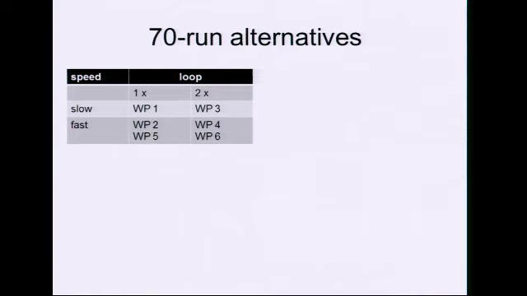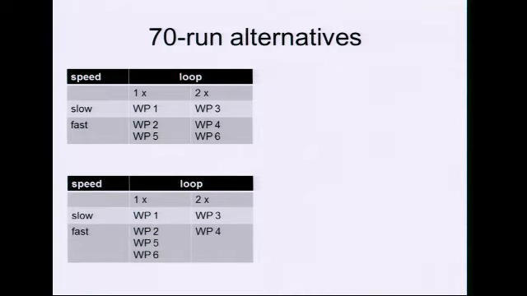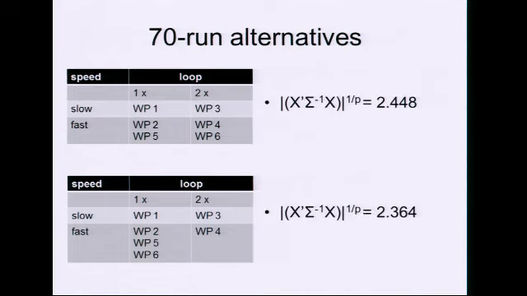And also proportional replication, a 1-to-1 ratio for the slow runs and a 1-to-1 ratio or a 2-to-2 ratio for the fast runs. The second design doesn't have proportional replication. There's a 1-to-1 ratio for the slow runs and a 3-to-1 ratio for the fast runs. And now the difference between the determinant of the information matrices is much more pronounced, from 2.448 for the first design to 2.364 for the second design.